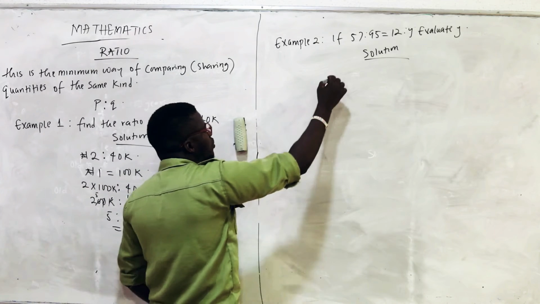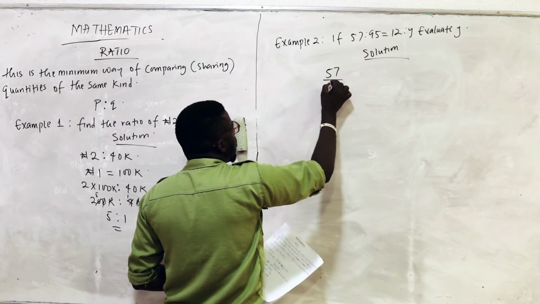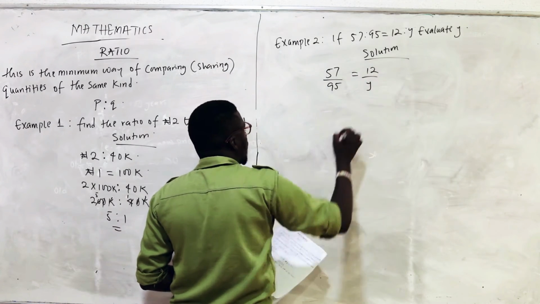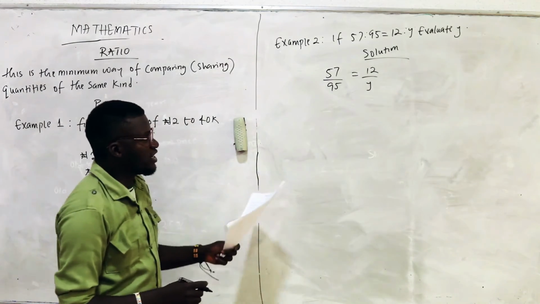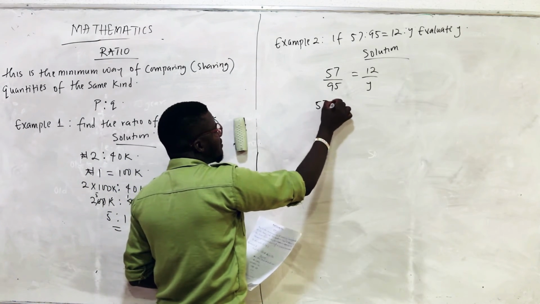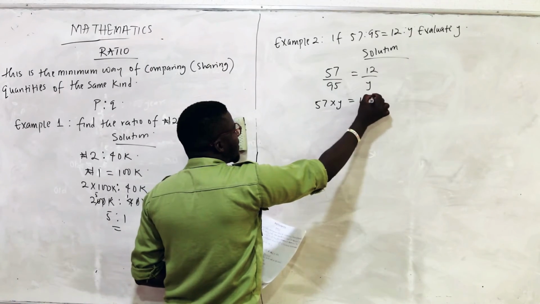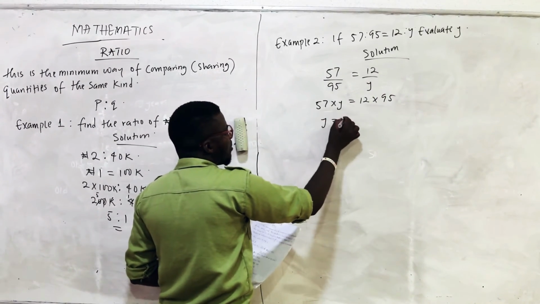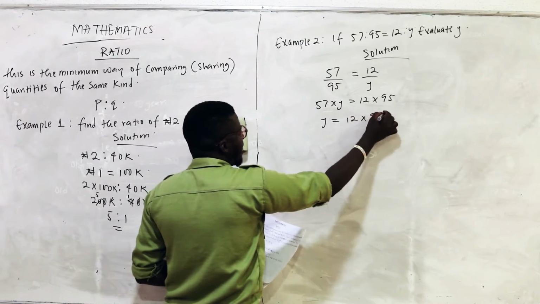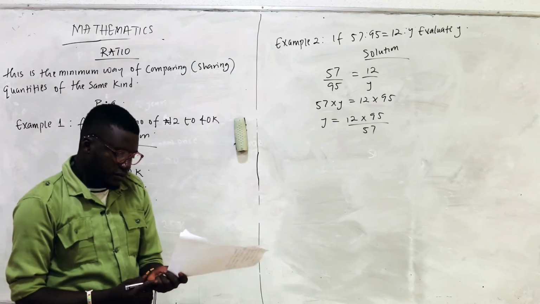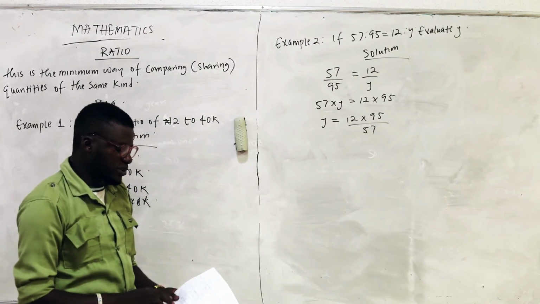So I'll have 57 over 95 is equal to 12 over y. All I need to do next is to cross multiply. So 57 times y is equal to 12 times 95, and my y will be equal to 12 times 95 over 57.